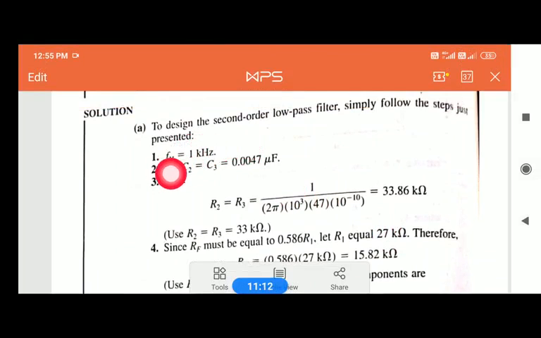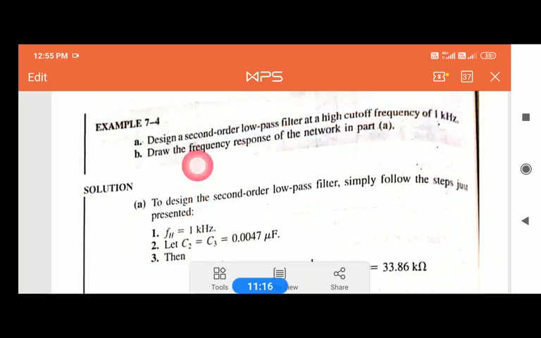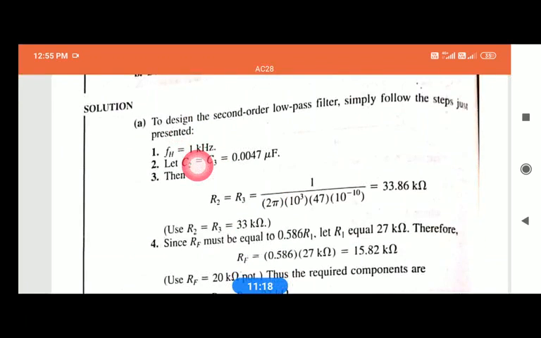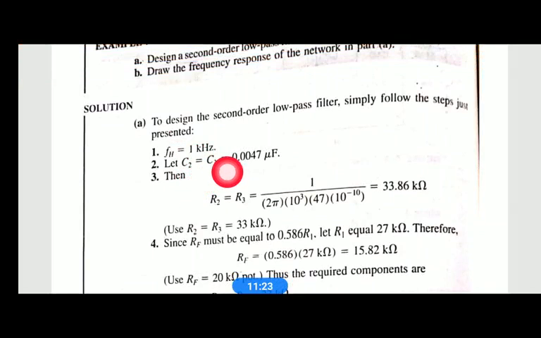First we need to select FH, which is given as 1 kilohertz. And we select the value of C, where C2 equal to C3 is 0.0047 microfarad. That is the value of C.